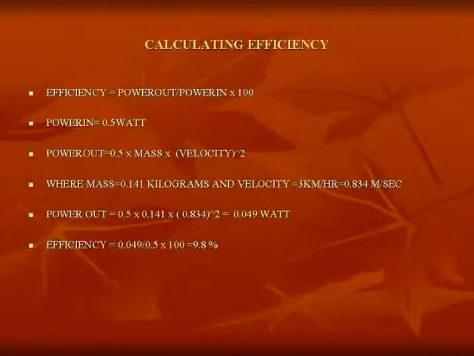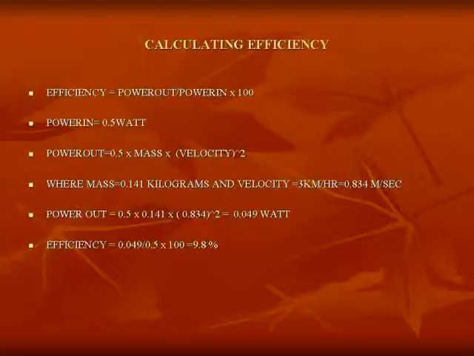In order to calculate efficiency, we know that efficiency is power out over power in times 100. We already calculated our power in to be 0.5 watt, and power out is just the kinetic energy generated by the car while in motion. The mass of the car is roughly 0.14 kilograms, and the velocity is 0.834 meters per second.